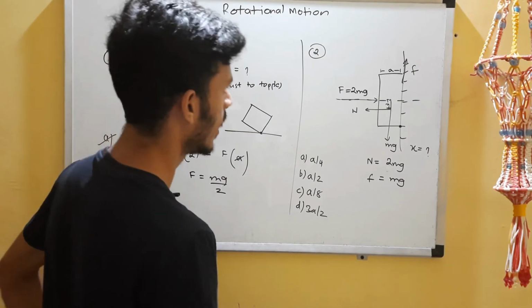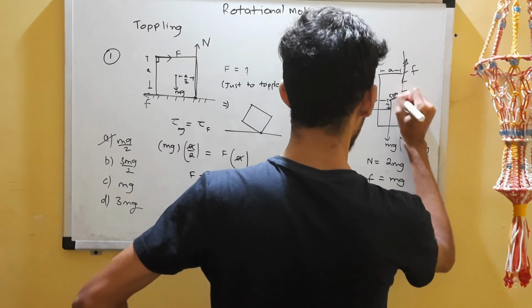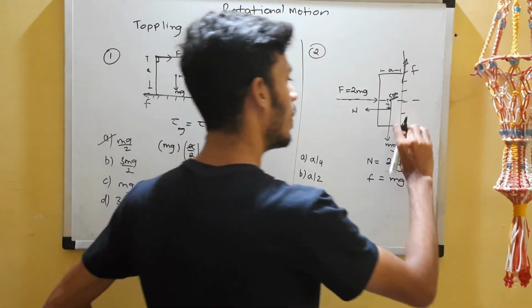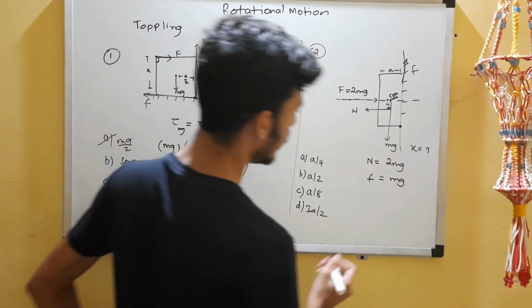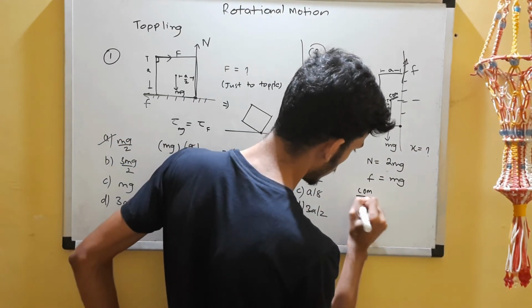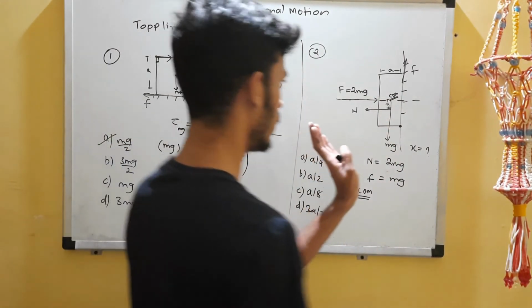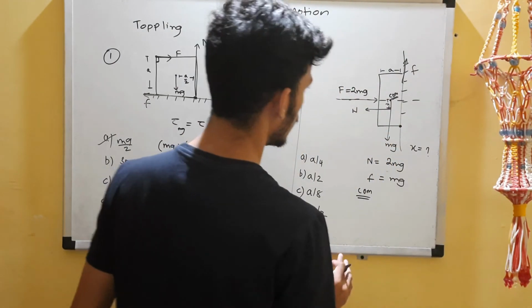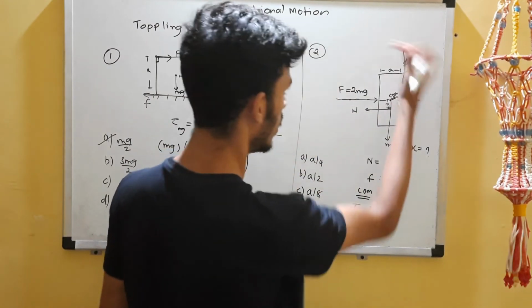Now let's try to solve it. We'll balance the torque about the center of mass. There is a slight disadvantage in doing it about the other point, although you'll get the answer, you can try it, of course. So let's do it at the center of mass. You can balance the torque. The torque due to your normal force will be the same as the torque due to friction.